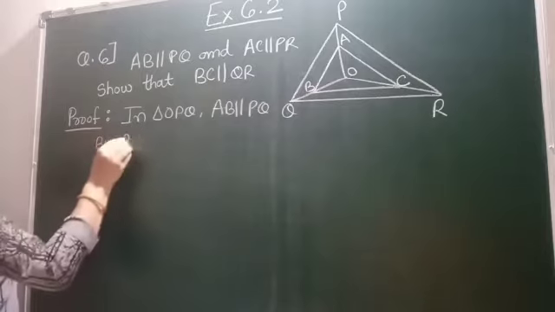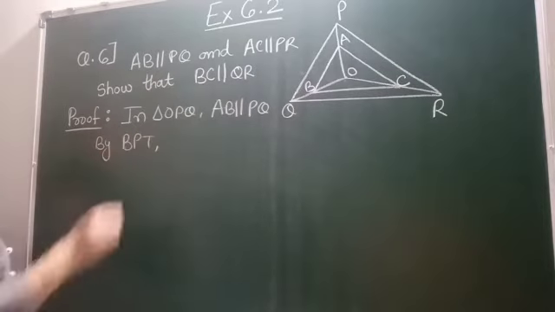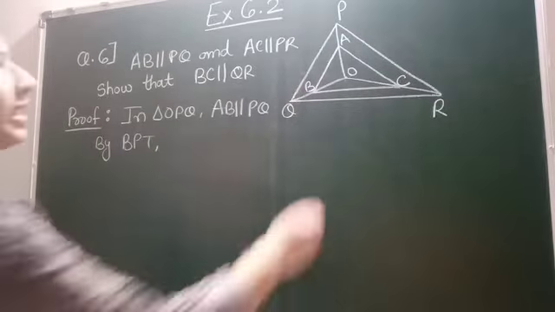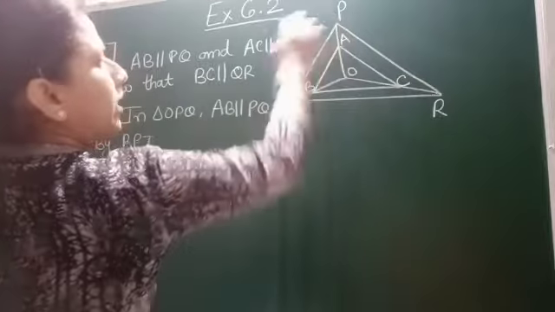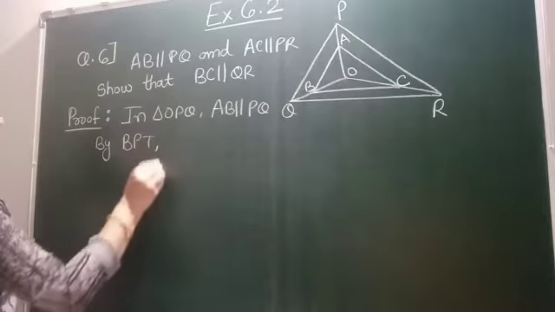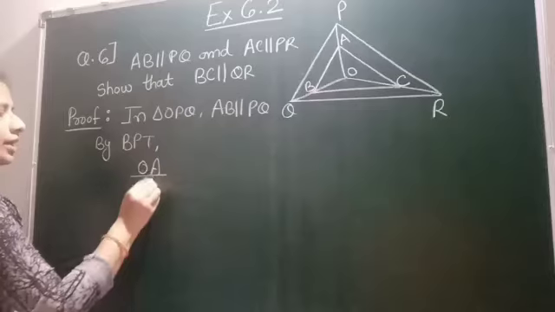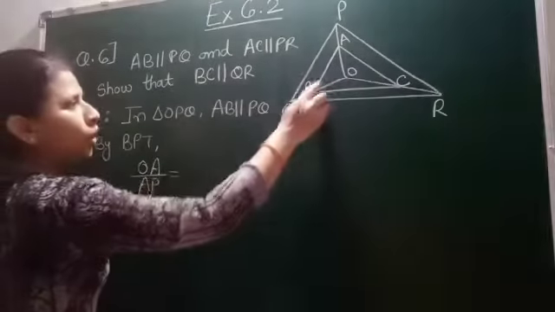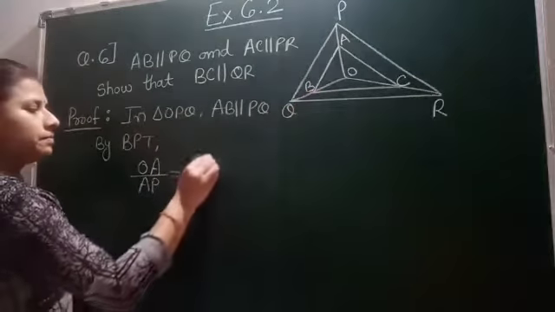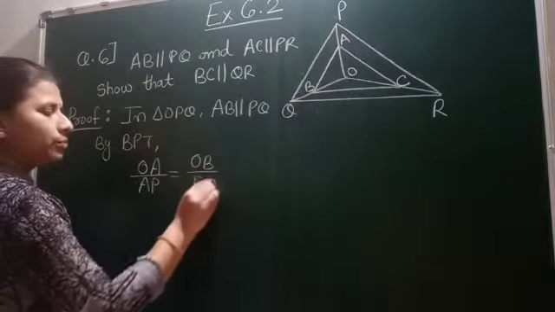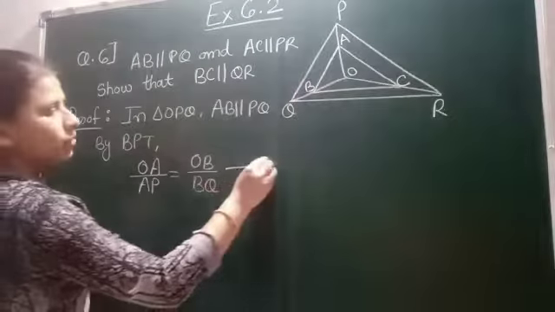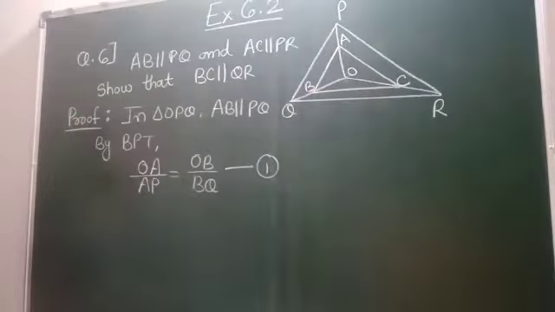So by basic proportionality theorem, what we will get? We will get OA upon AP equals to OB upon BQ. Okay, this one is our equation number 1.